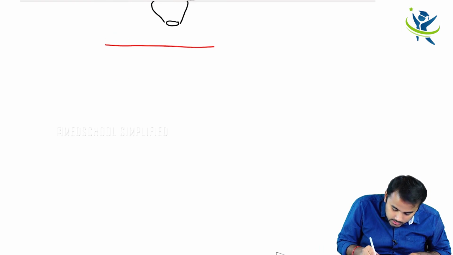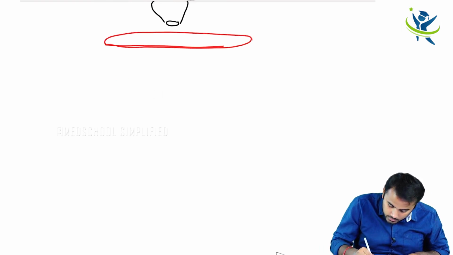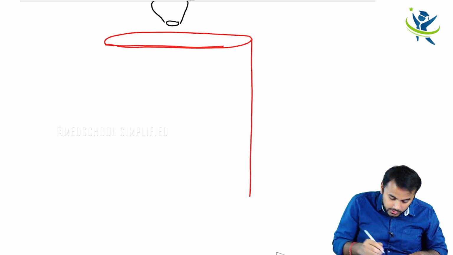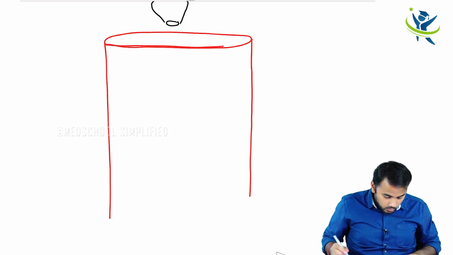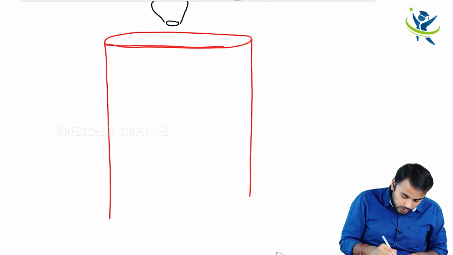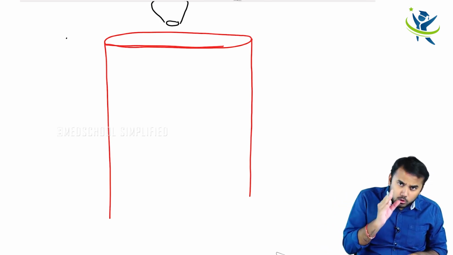So this is your blood vessel. Let us say this is your blood vessel over here, right? Now surrounding this blood vessel, I told you, you have epithelial cells, right?